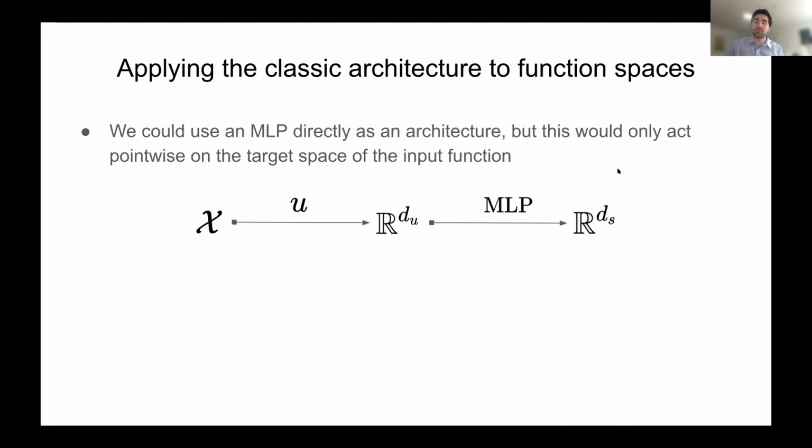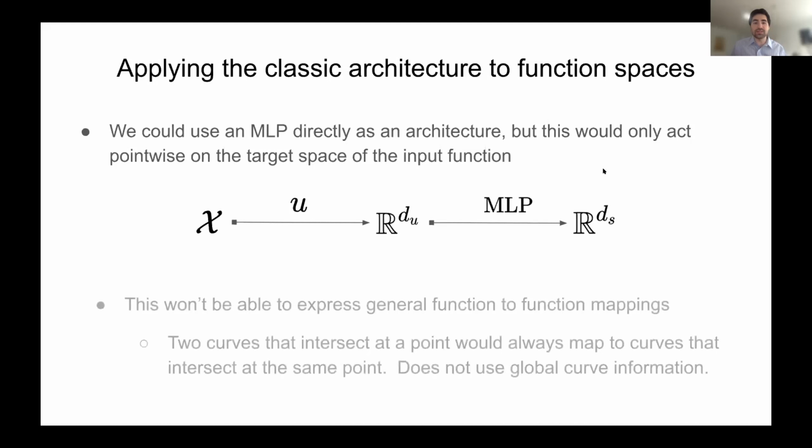Let's consider the case where the domains of the input and the output function coincide, just to say calligraphic X is equal to calligraphic Y. And we could literally just use a multi-layer perceptron, a standard neural network, on the target space of the input function. And this does give a well-defined operator between a space of input functions and the space of output functions when calligraphic X and Y are the same.